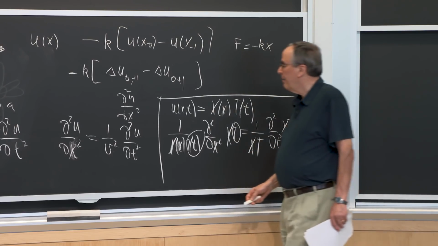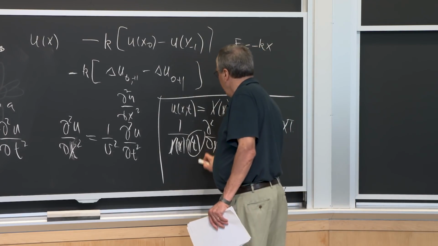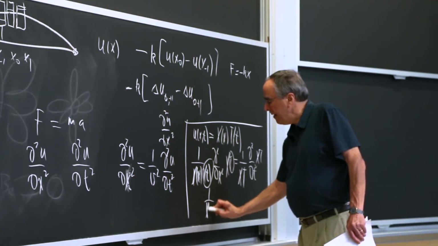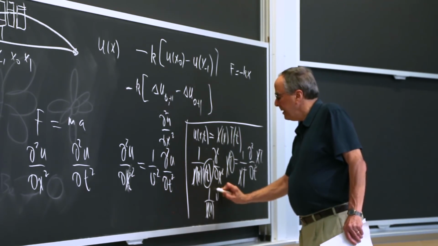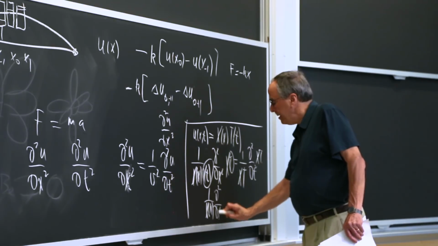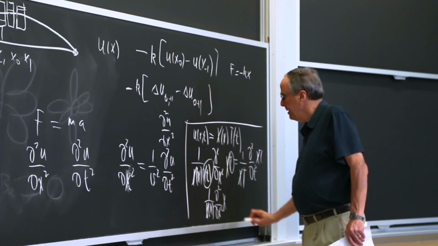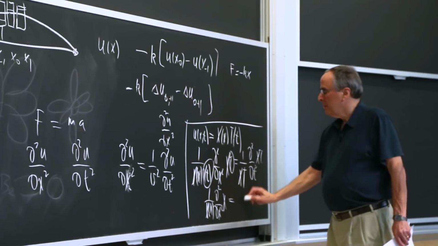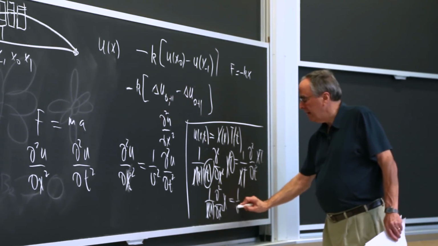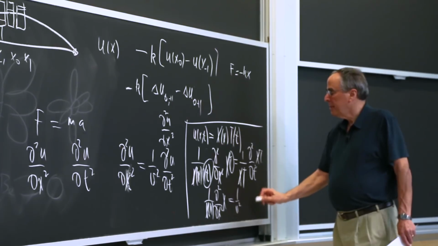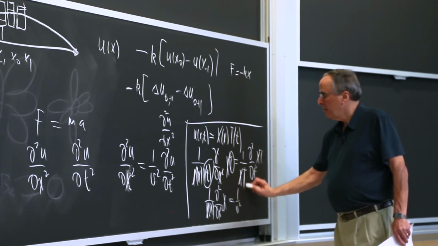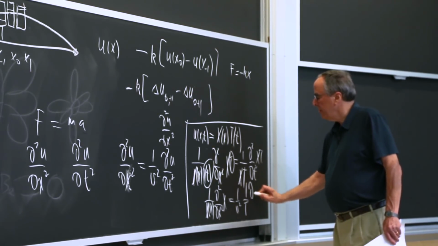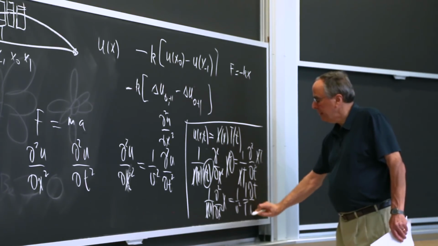And so what we have now is an equation: 1 over X times the second derivative with respect to x squared of X is equal to this constant 1 over v squared times 1 over T times the second derivative of T with respect to little t.